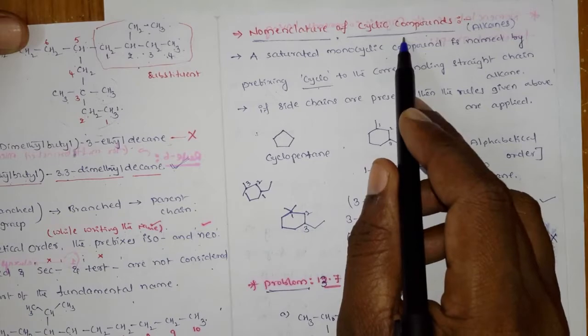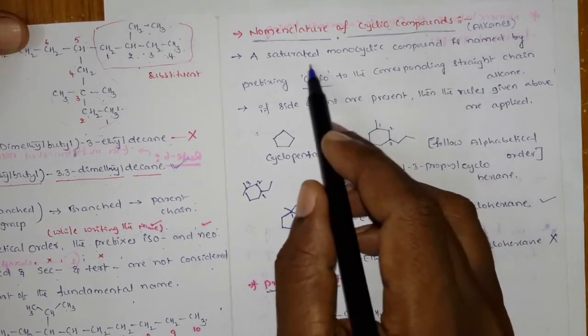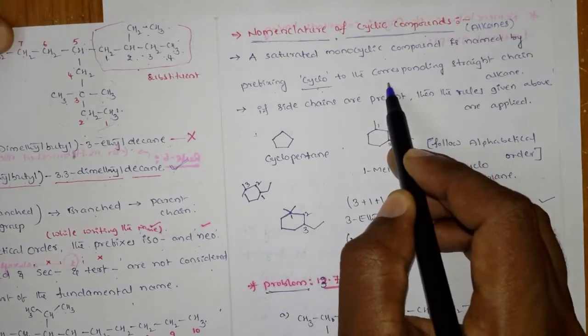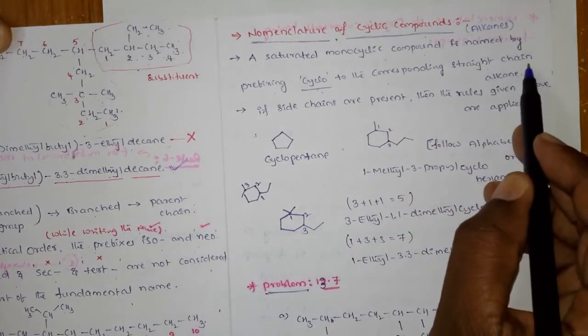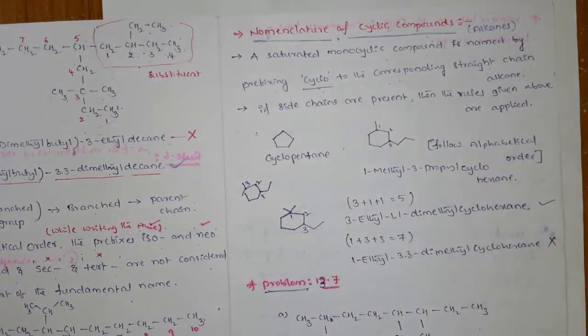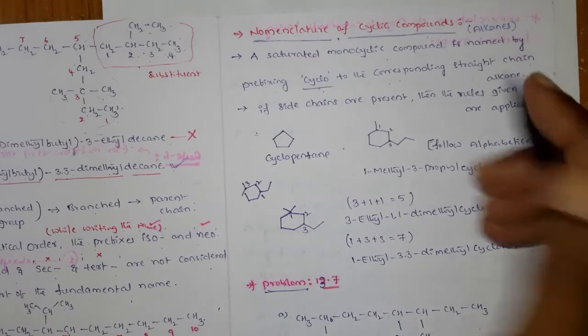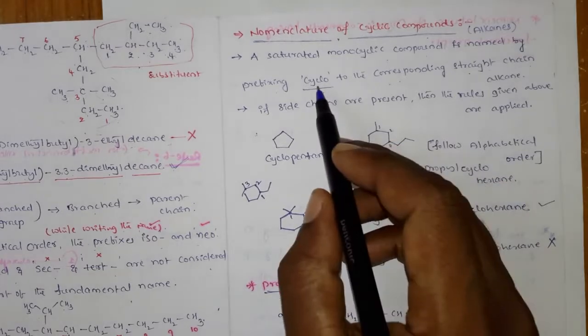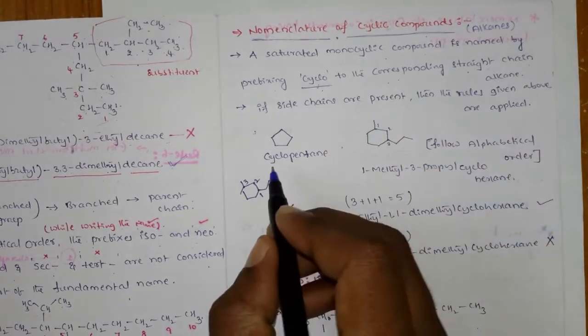For the cyclic compounds we have to prefix one more word, that is cyclo, to the corresponding straight chain alkane. So we give the name as for a straight chain hydrocarbon, but before that you have to add cyclo. Look at this example.